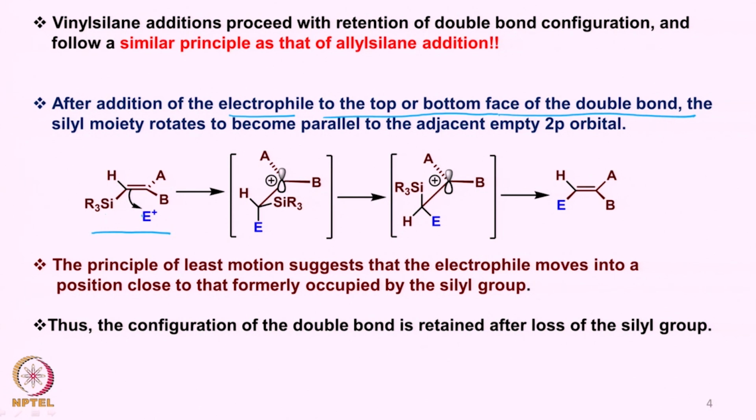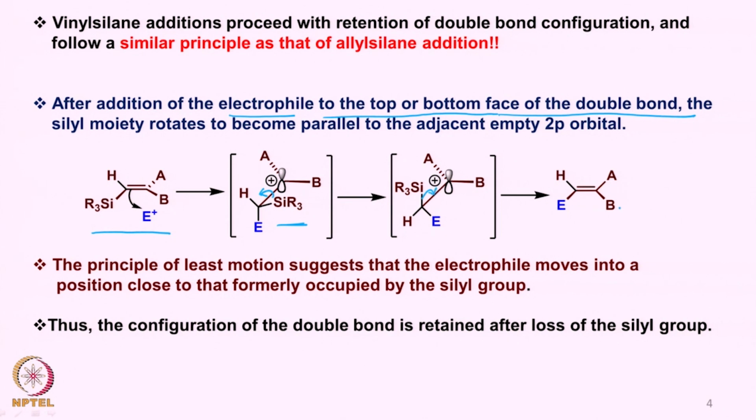If the electrophile attaches to the same carbon that holds the silicon, so that the beta carbocation is formed, and it attacks from the bottom side, we expect this intermediate to form. That will undergo slight rotation in such a fashion that the carbon-silicon sigma bond overlaps with the empty p orbital here, and then of course we get the double bond.